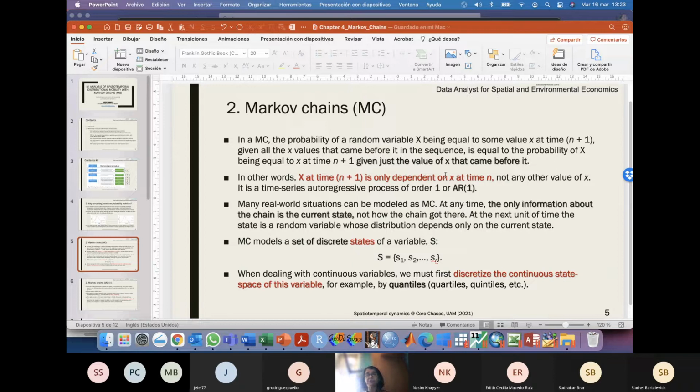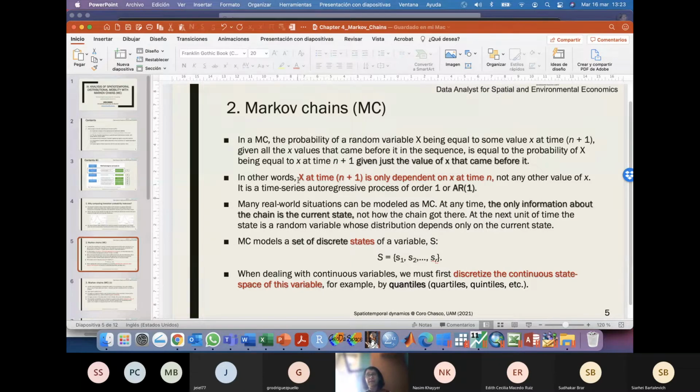So we are talking about an AR1, so a time series or a autoregressive process of order 1. So only the previous time is determining the value in the next period.